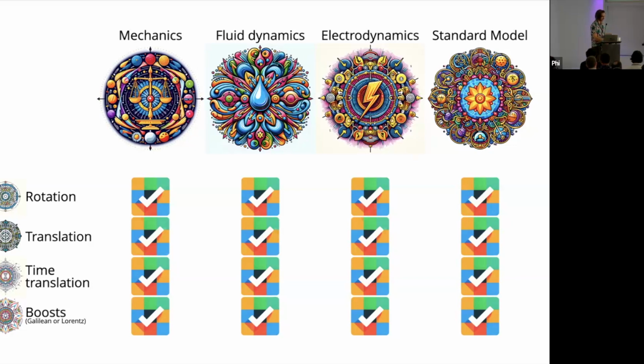That's the starting point of many theories, especially field theories, quantum field theories. So all these models are equivariant to these symmetries, which means that all the things they predict are equivariant functions. And why not have our neural networks also follow the same rules?